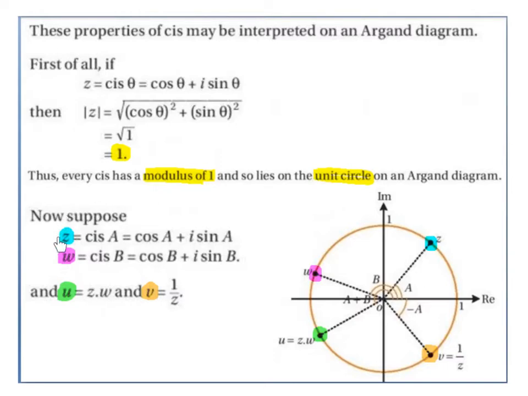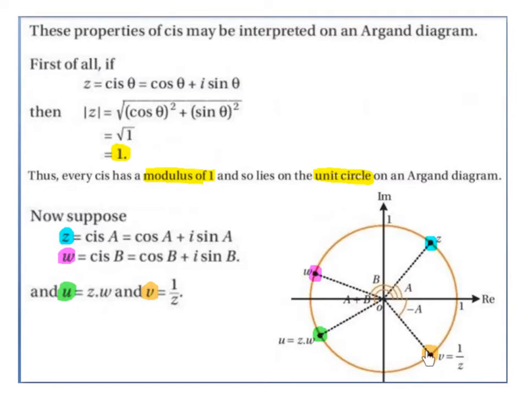Now suppose z is equal to cis A, which is cos A plus i sin A. So this is z. And w is equal to cis B, which is cos B plus i sin B. So there's w. And u is equal to z times w. So there's u, which is z times w. And v is equal to 1 over z.